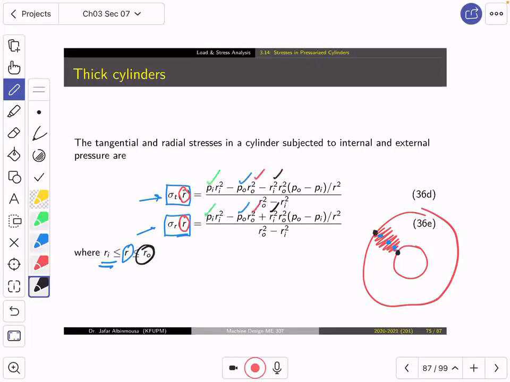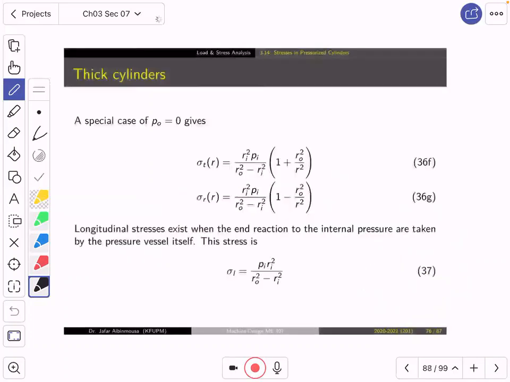The only unknown here is R. R is the distance that tells you where you want to calculate the stress. Do you understand that?